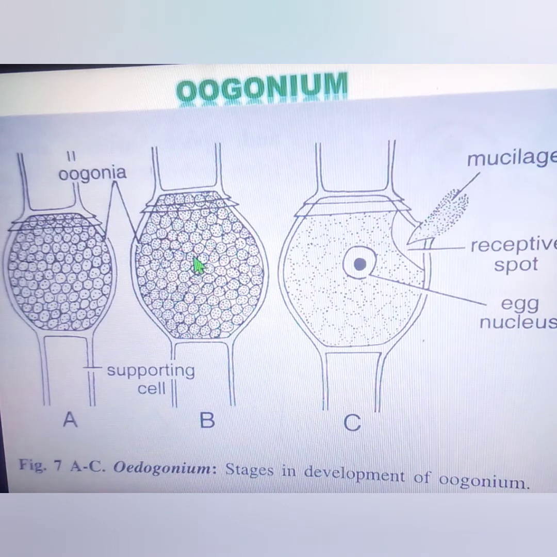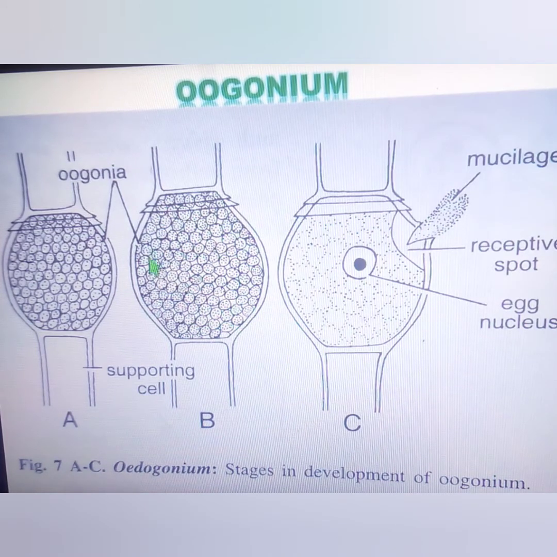Now, initially, the oogonium is wider. As you can see here, it is wider when you compare it with other vegetative cells, or if you compare it with this supporting cell also, the oogonial mother cell is slightly wider. But at maturity, it swells.